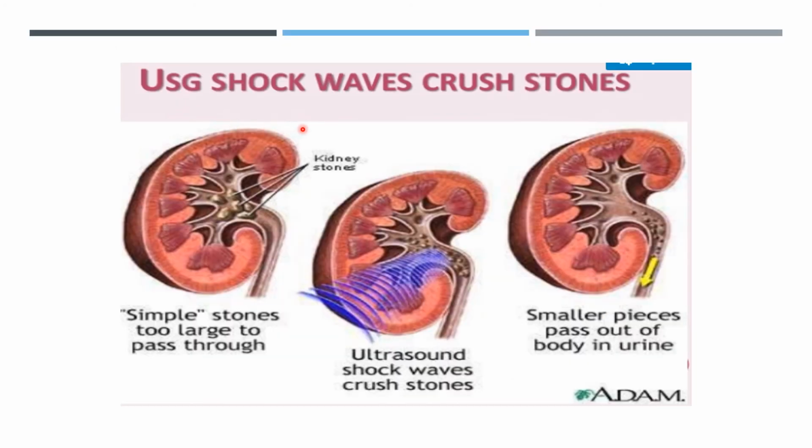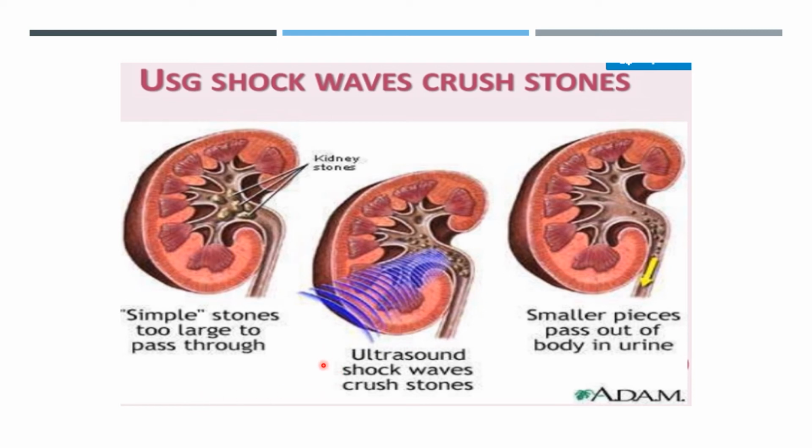Shock waves crush the stones. What are the UST shock waves? UST stands for ultrasound guided extracorporeal shock waves. When the kidney stones are too large, they cannot pass through the ureter or bladder, and they cannot be excreted in the urine, so they need to be broken down.